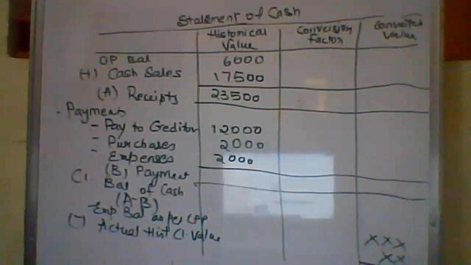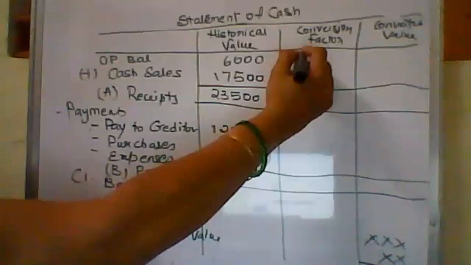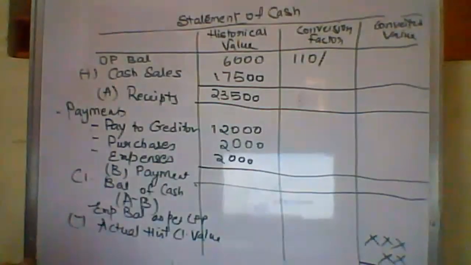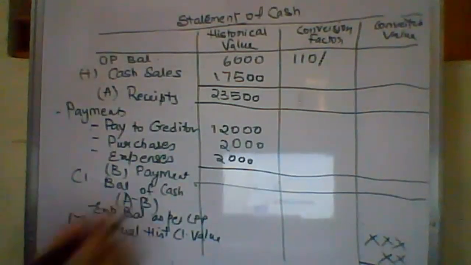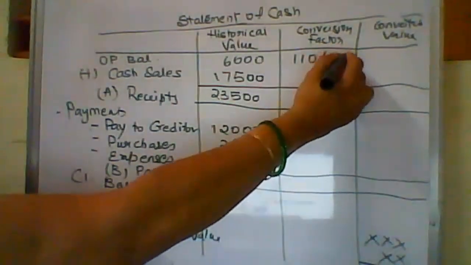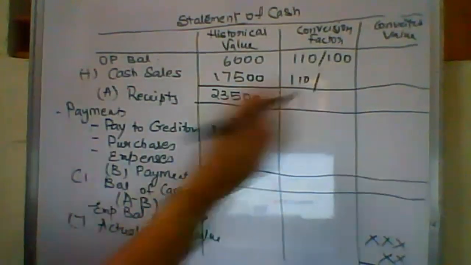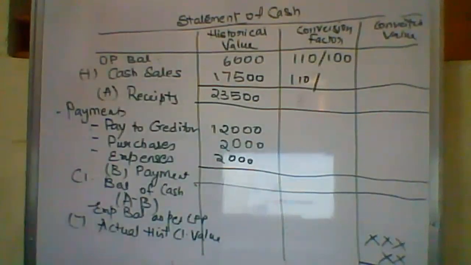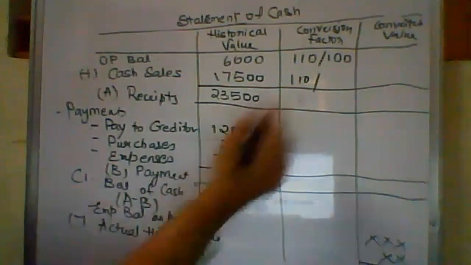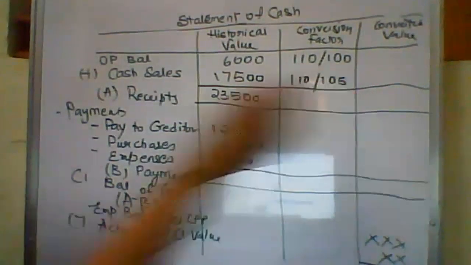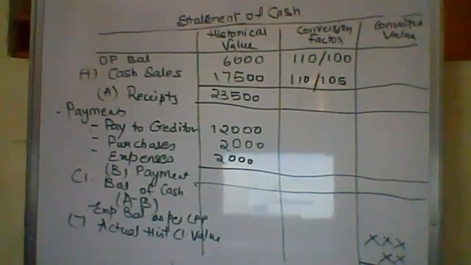Now put their conversion factors. Conversion factor is current price index divided by the concerned price index. Current price index is the closing balance price index, 110, divided by the price index of opening balance. Similarly, current price index divided by the price index for cash sales, which is 105.